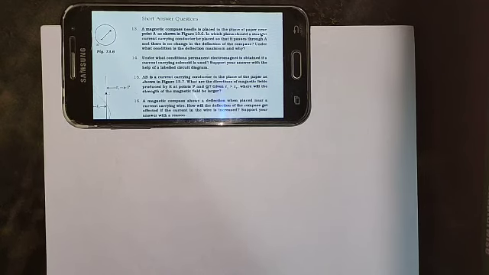It means in our class 10th syllabus, we have to understand and discuss the three configurations, that is straight current carrying wire, circular loop current carrying wire, and the third one, that is solenoid. So we are going to see the problems based on these.